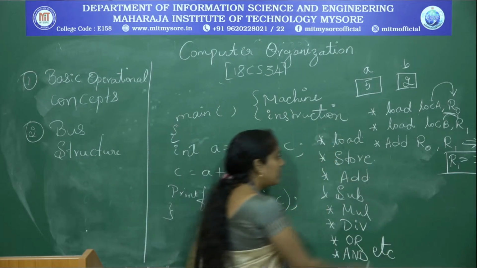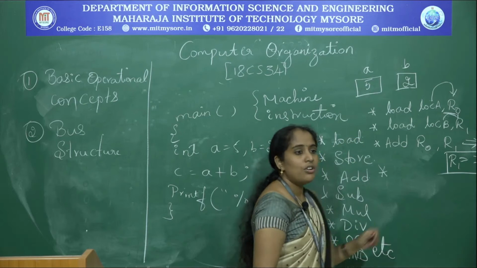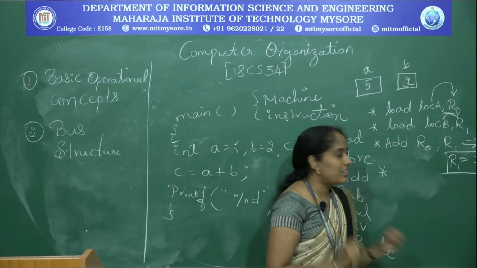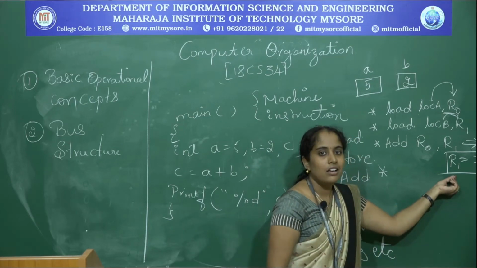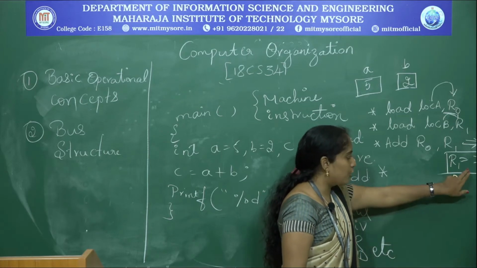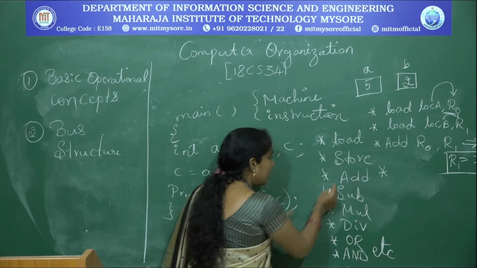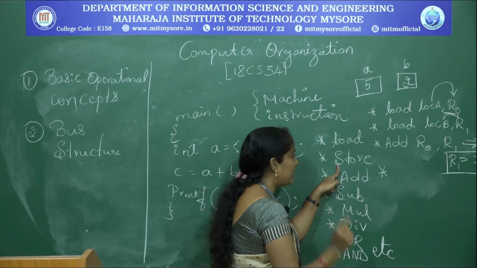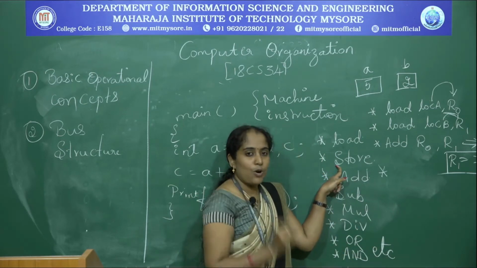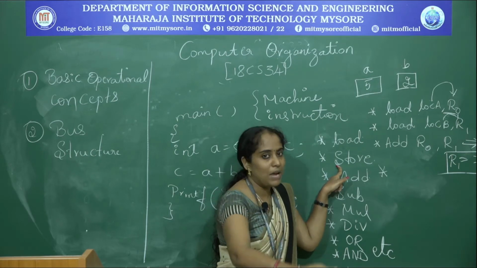Okay. Next, you need to print or show this result to the user, right? For that you need to copy it again into the main memory. How? Store is an instruction used to store data from a register to main memory.